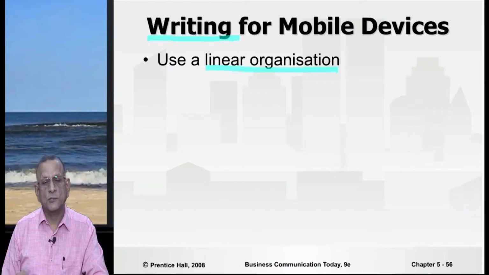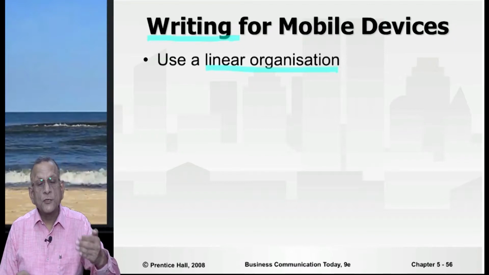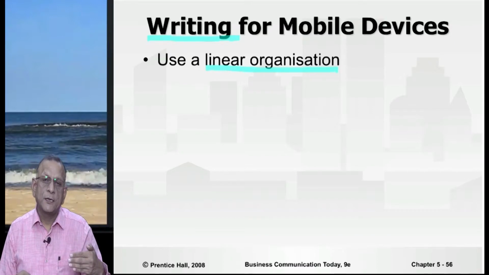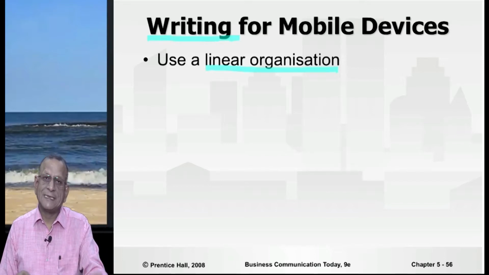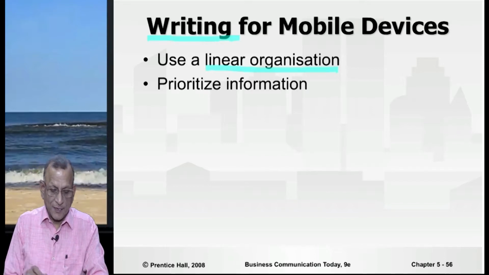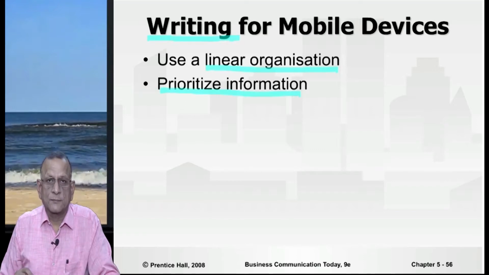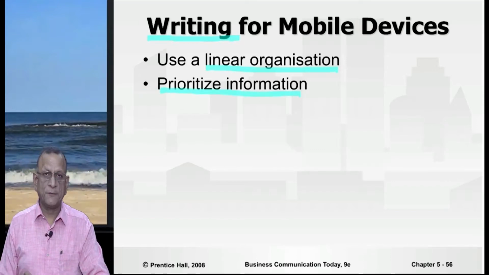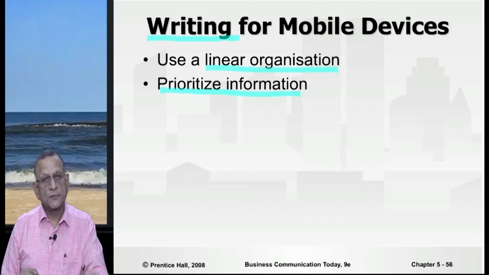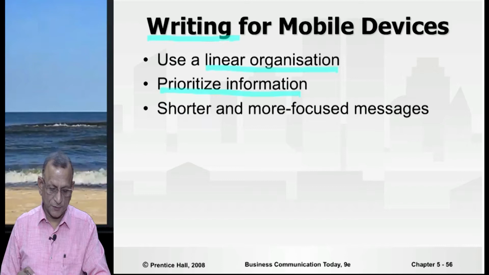Linear organization means what? Arrange your sentences so that the next sentence may be easily correlated with the previous sentence. Then prioritize information. See what you want to give as first information, then second information, and then third information.